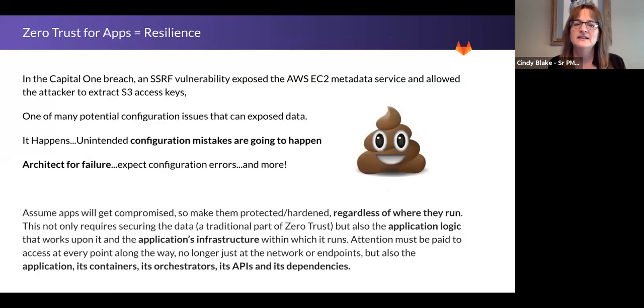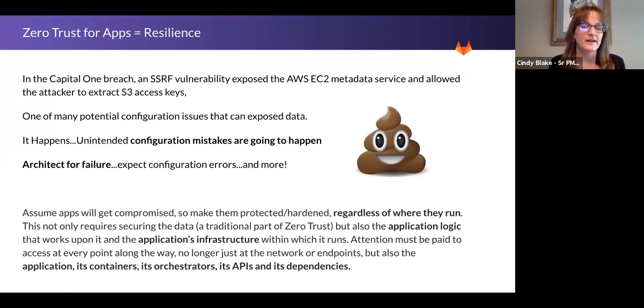And that mentality is, it's going to happen. Stuff's going to happen. The Capital One breach that I mentioned earlier was a good example, where it was misconfiguration. And misconfiguration is just one of many things that can expose data, but it's going to happen, and it's going to happen more and more as things get more and more complicated and there's more levers to pull.